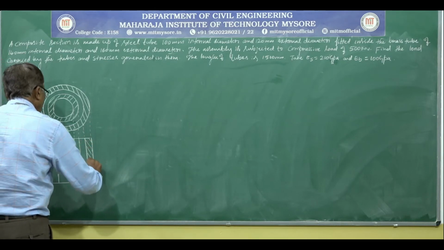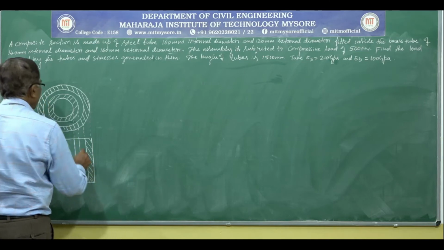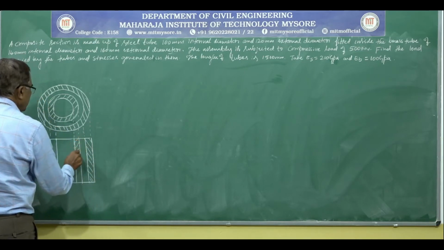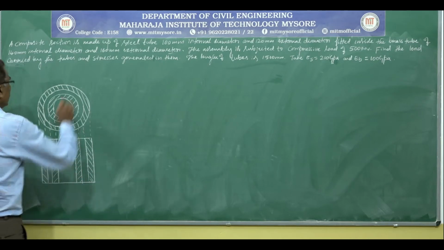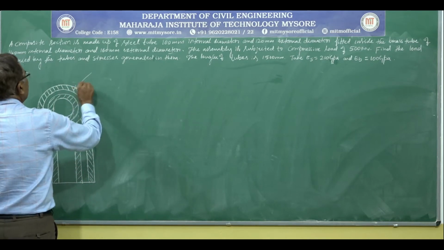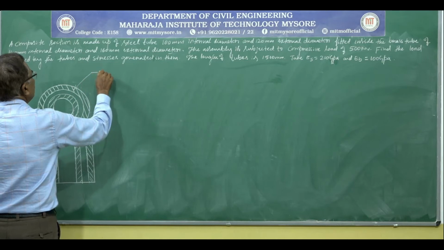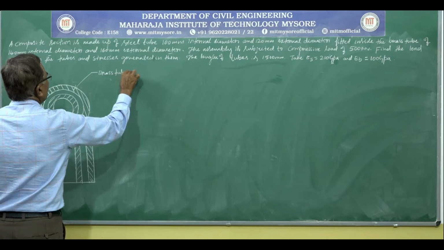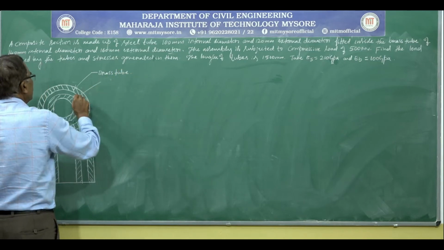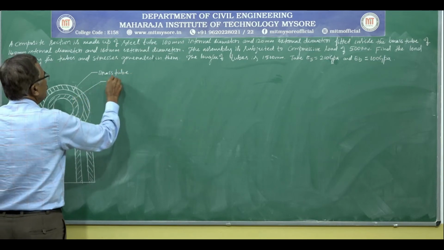For easy understanding, you can hatch it in the same direction as we hatched it in the cross section. This is a brass tube. Steel tube.